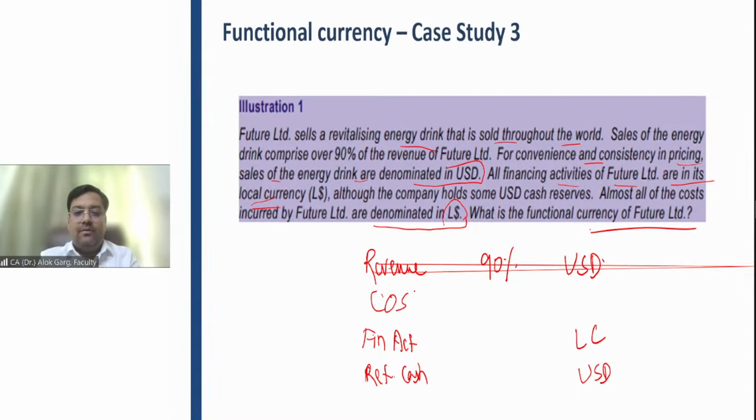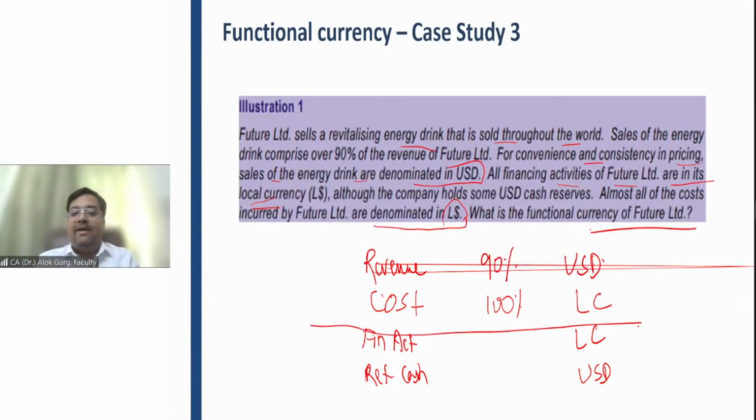Cost, almost all the cost, let's say 100% of the cost is in local currency. Now you tell me, what should be the functional currency of Future Limited? Is it US dollar? Is it local currency, L dollar? What should be that?